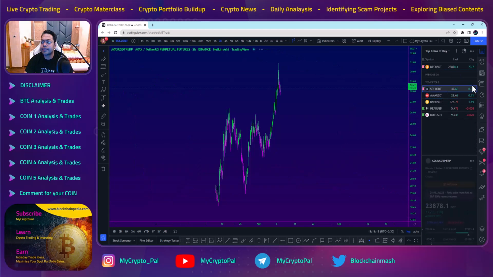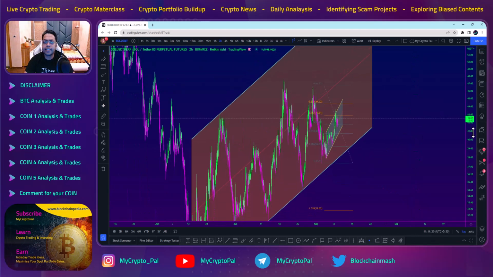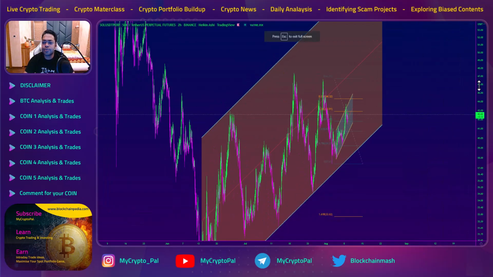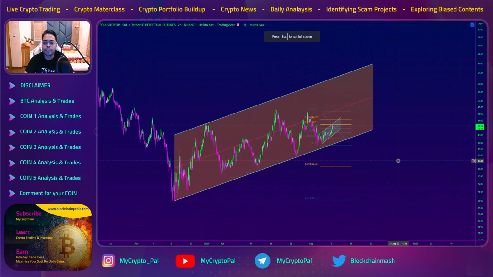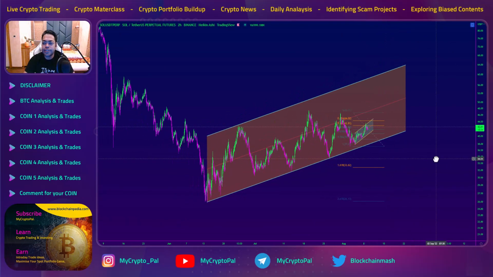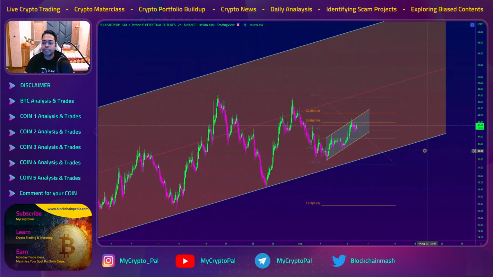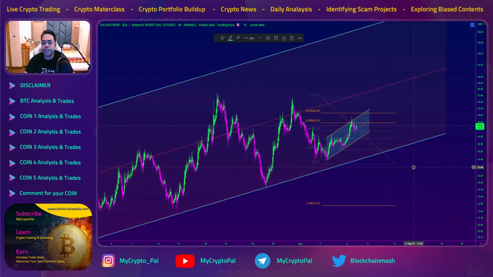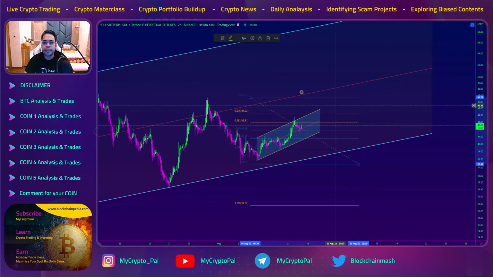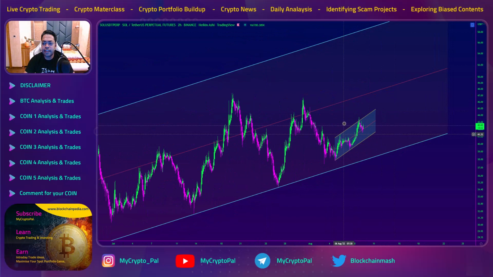Now moving on to the next coin, which is SOL, because I see a lot of people are interested in SOL. So let's think about what SOL will do. As you can see, this is one parallel channel which SOL is forming over here. Let me just reduce this so you can see clearly. This is the first parallel channel, and SOL has tapped and come down over here.